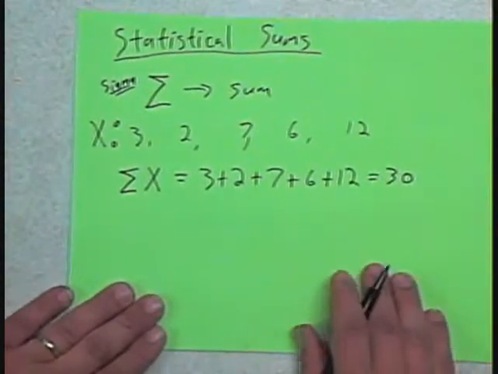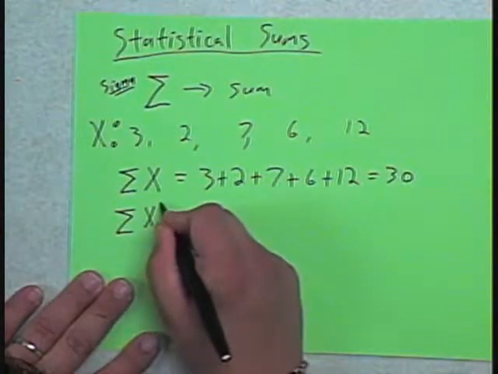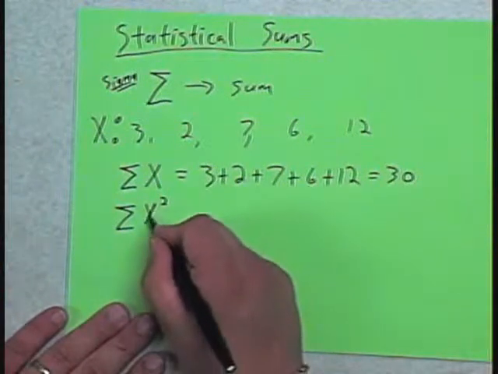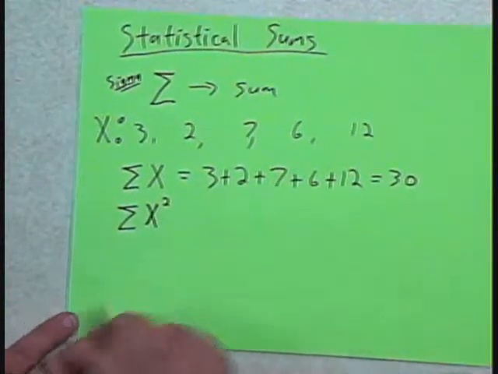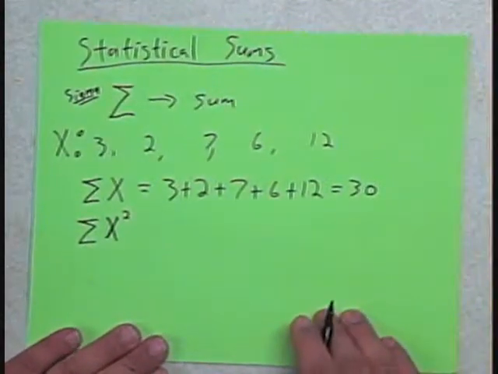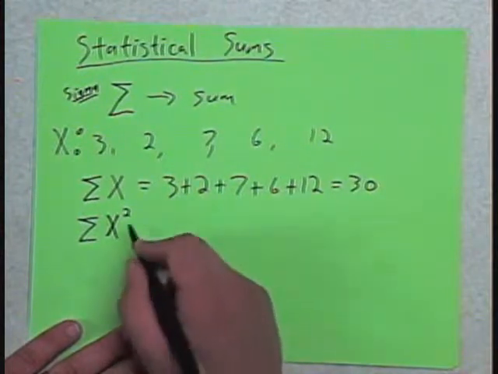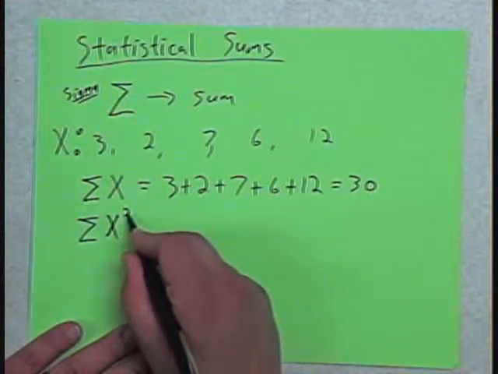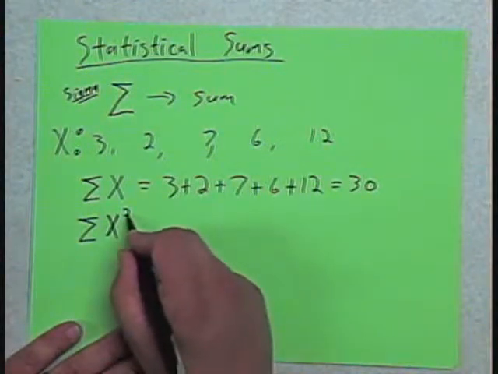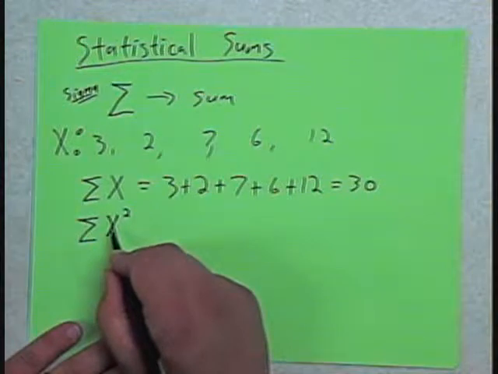Okay, now another sum would look like this. This is the sum of X squared. What this means here, you've got to think about the order of operations, and you're always going to do exponents. So the 2 here is an exponent. That means take a number and square it, so take a number and multiply it by itself.